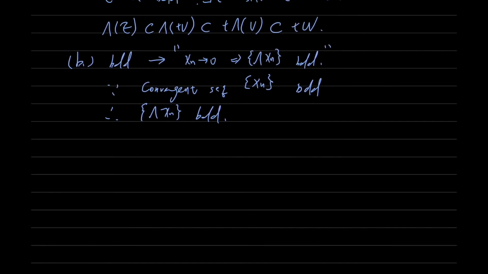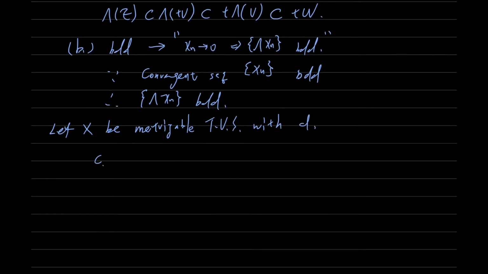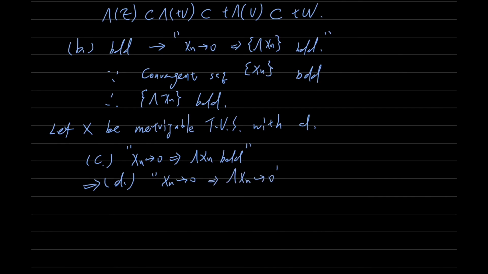So from now, let X be a metrizable topological space with a metric D. Now we want to prove from C, which says the image of such a sequence is bounded, to D, which says that if a sequence converges to 0, then the image also converges to 0.